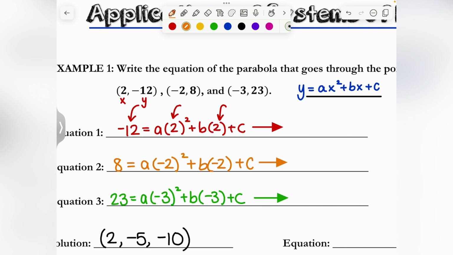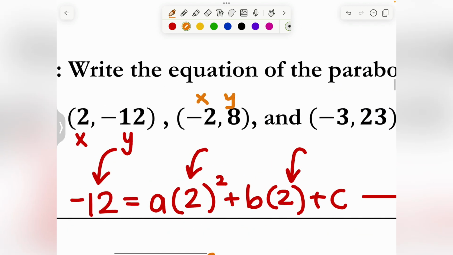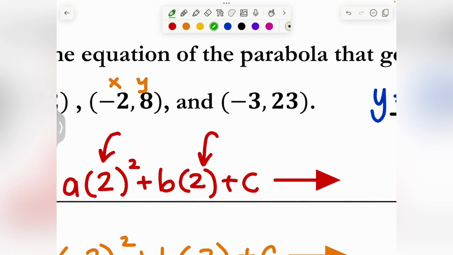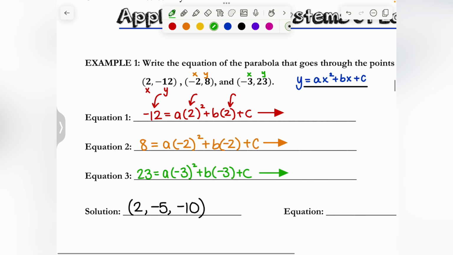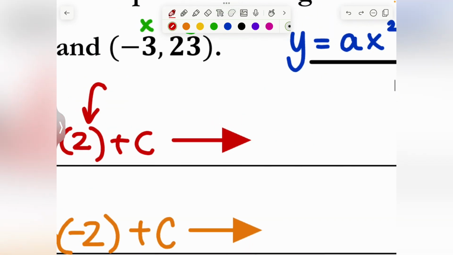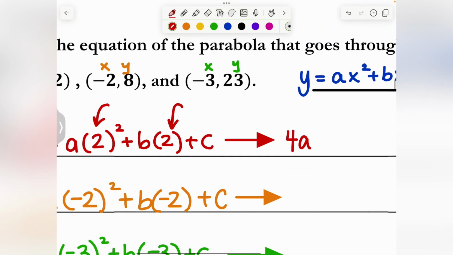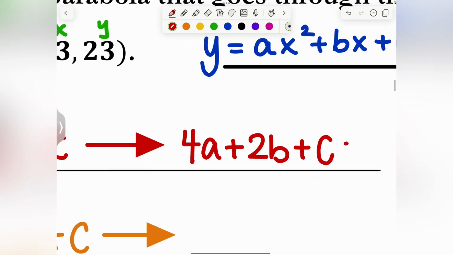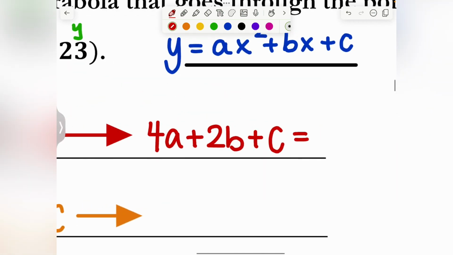So for the red one, it was that first point. For the orange one, it's the second point, plugged in 8 for y and -2 for x. And then finally, the third one, I'm plugging -3 in for x, and then 23 in for y. So here's what I end up getting. We do want to simplify each of these. In the first one, 2 squared is 4, so this is 4a plus 2b plus c equals -12.